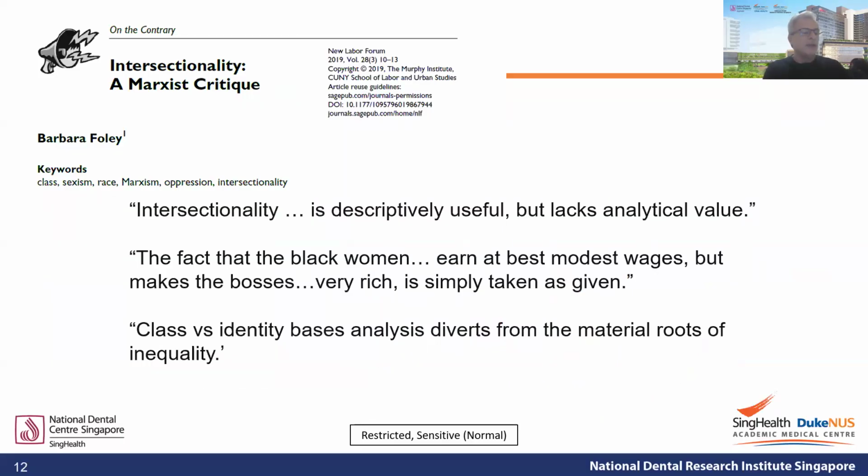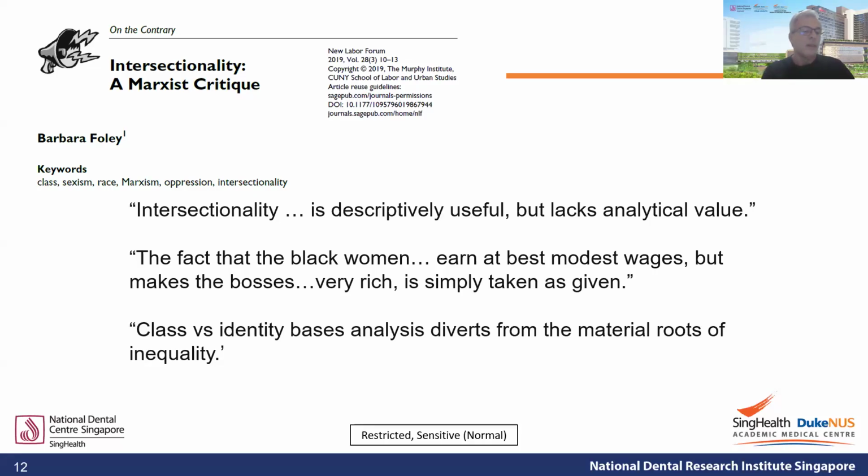One of them is this famous scholar called Barbara Foley. Foley acknowledged intersectionality in discussing the overlapping oppressions of racism, sexism, and class. However, she argues that it is limited in its analytical capacity.